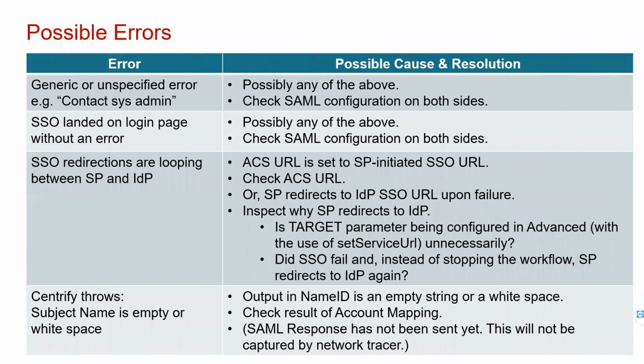So this is actually a valid error telling you, hey, I can't even find a name ID value for this user per account mapping configuration, and therefore I will not be able to write a valid SAML response, and therefore no SAML response will be sent out.